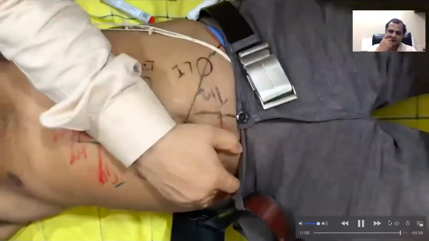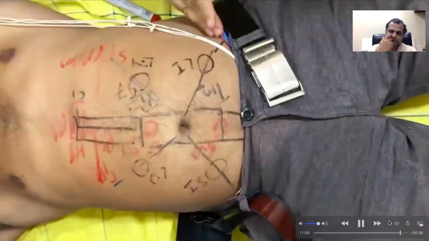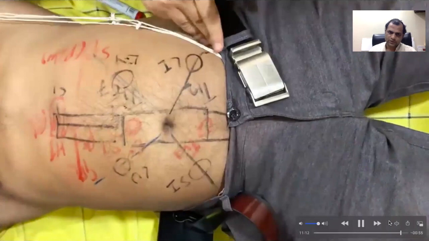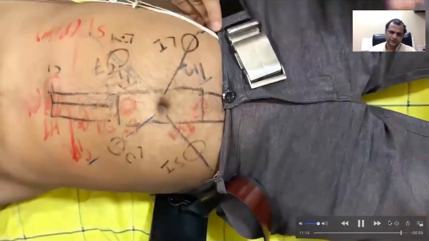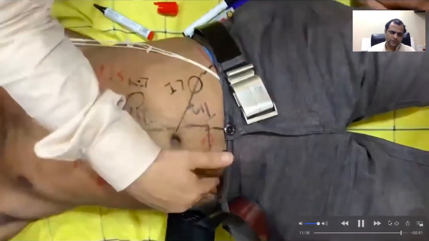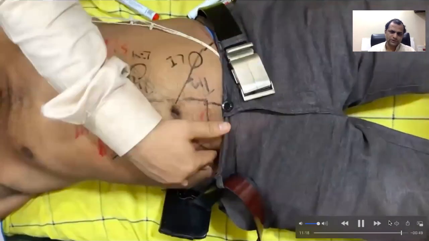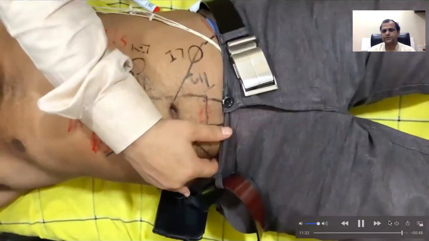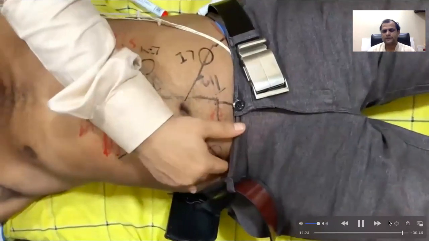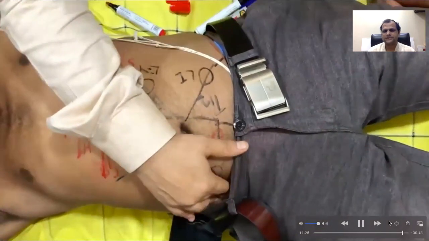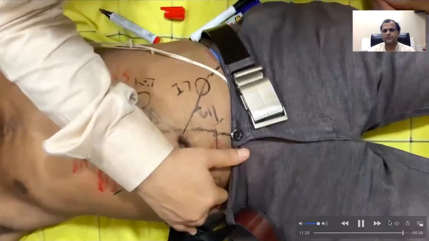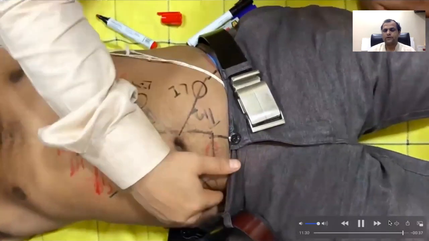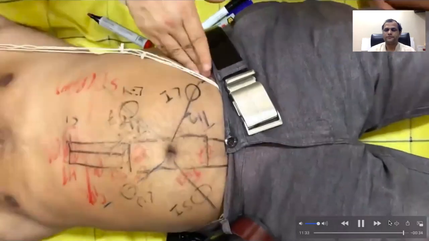So in this way, we can find out any pathology happening on either side. These points help to diagnose the patient very properly. This diagnosis is very accurate, very easy. Anyone can do this, but it is very accurate and very perfect.